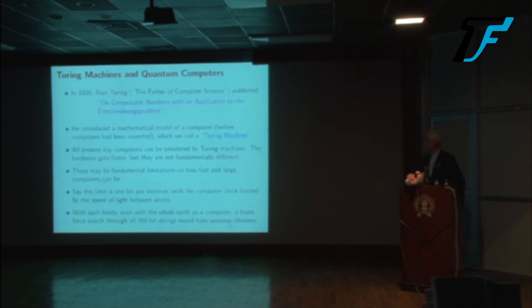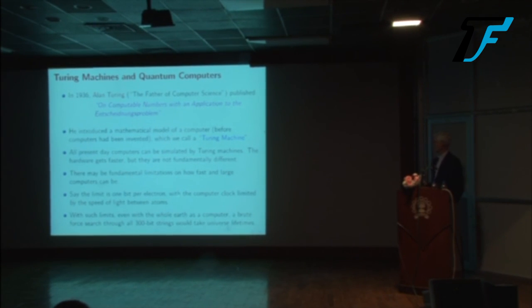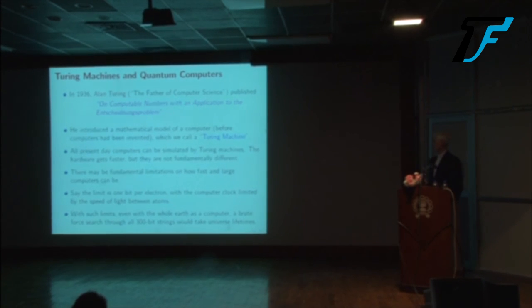But presumably there are physical limits on how fast computers can ultimately be. I know we get faster and faster computers all the time, but surely there have to be limits. You can assume, say, that you can't pack bits in your memory by more than the number of electrons in the computer, and the clock is limited by the speed of light between atoms.